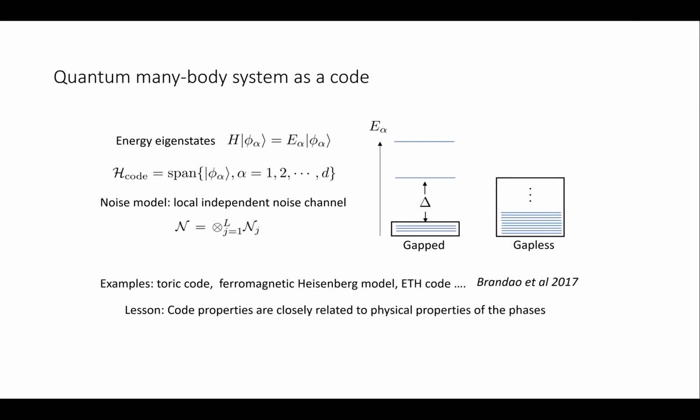Okay. So here, do we assume each channel is acting on one site? Yes. If in reality the noise may act on multiple sites, will this change the story? Yes, it will change many aspects of the story, but it will not change it qualitatively.